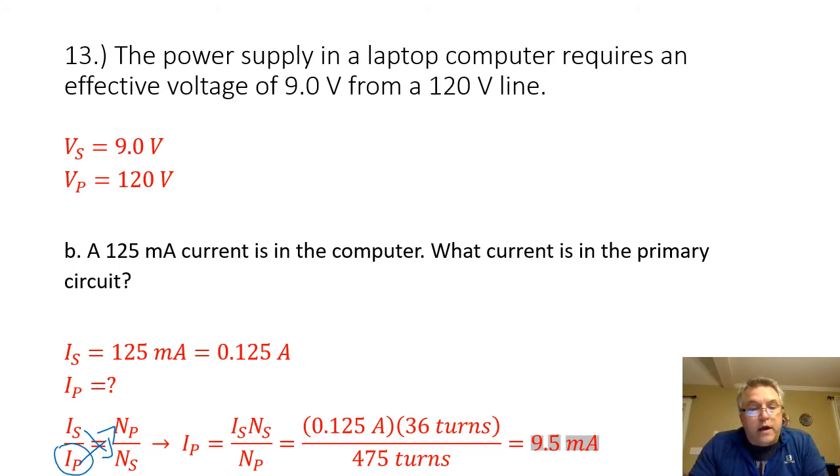When I do that, I'm going to have the primary current is equal to the secondary current times the number of turns on the secondary coil divided by the number of turns on the primary coil. I plug my values into that equation, and I'm going to have 0.0095 amps, which would round to or convert to 9.5 milliamps.